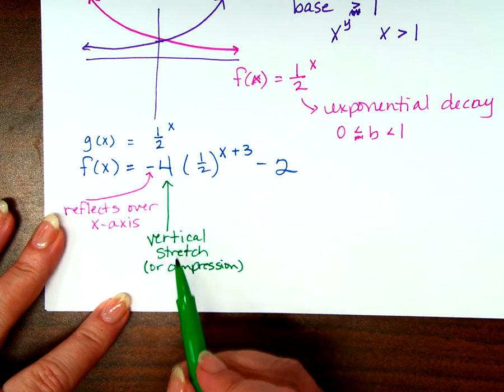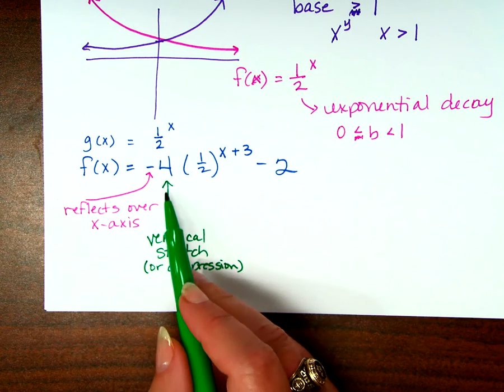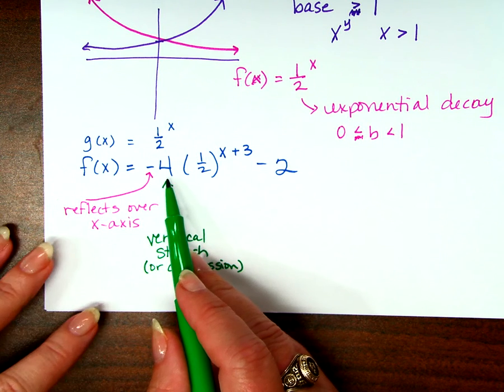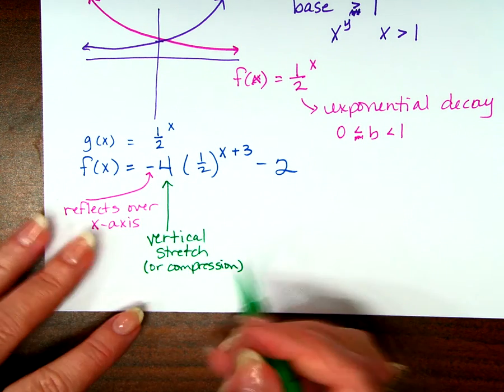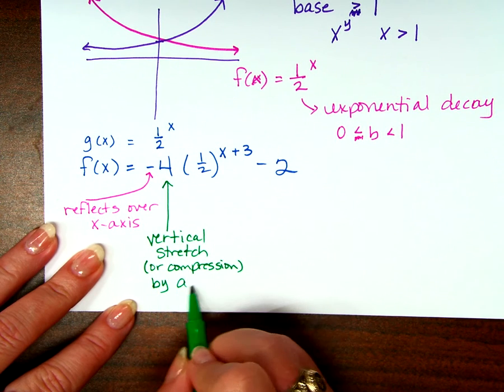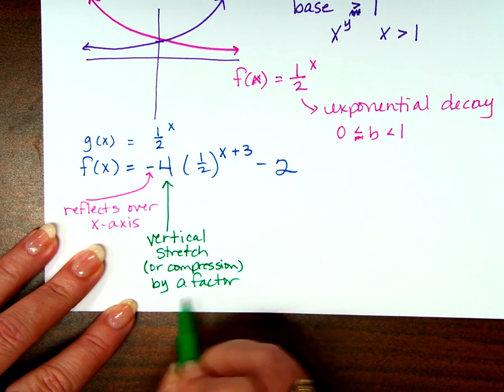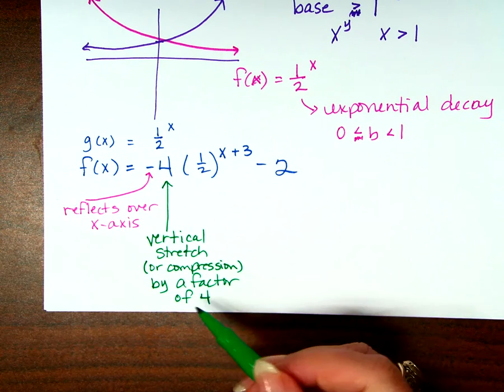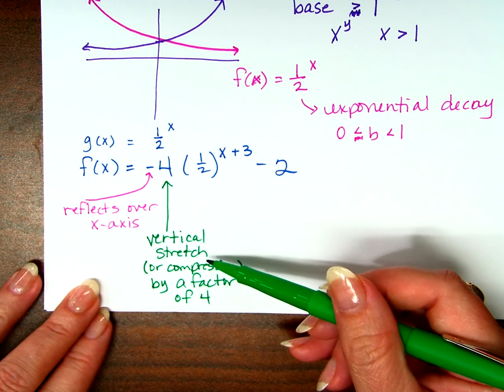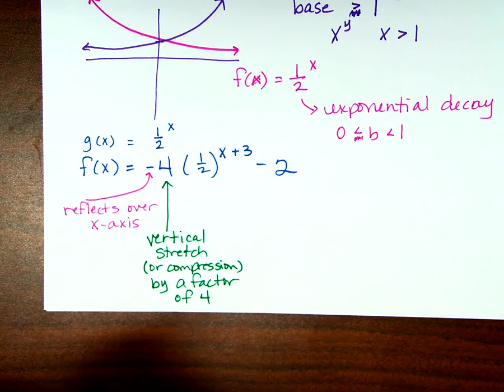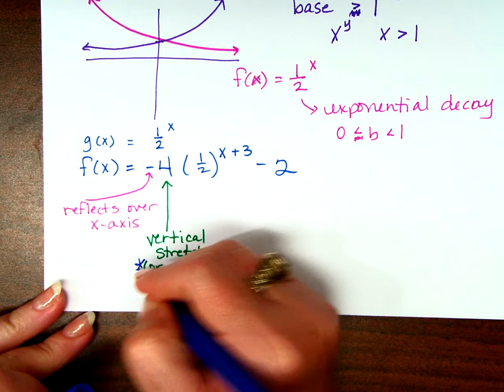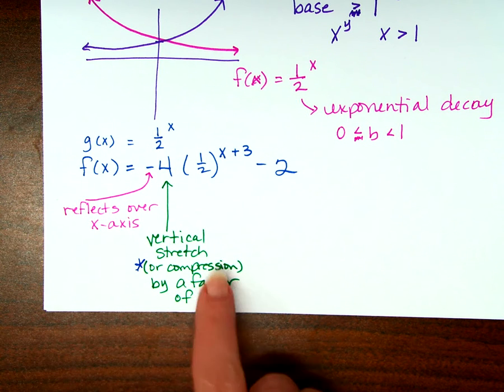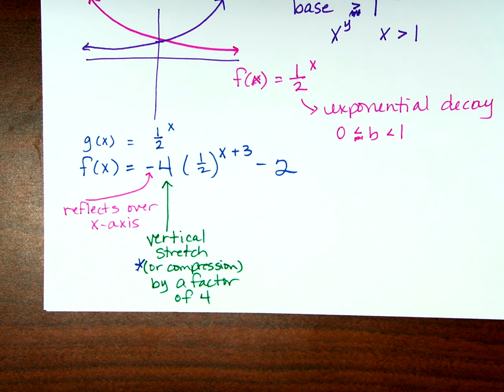For this specific example, it is a stretch because it is greater than 1. That's exactly right. By a factor of 4. But remind yourself that the multiplier can also cause a compression. In this case, it's a vertical stretch by a factor of 4.